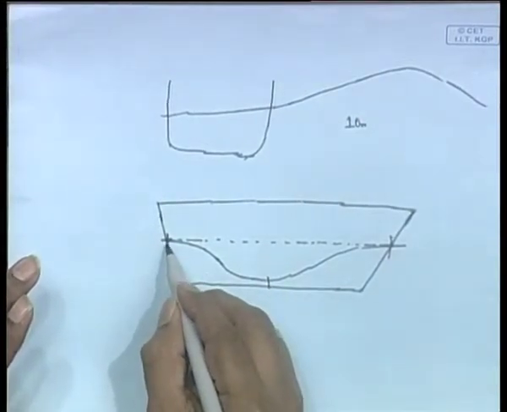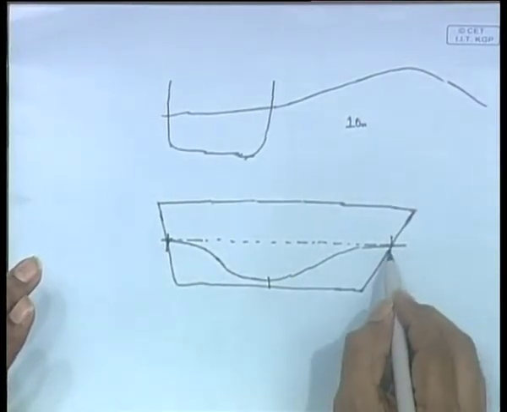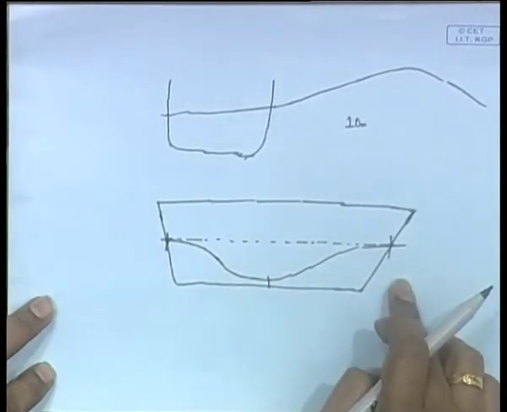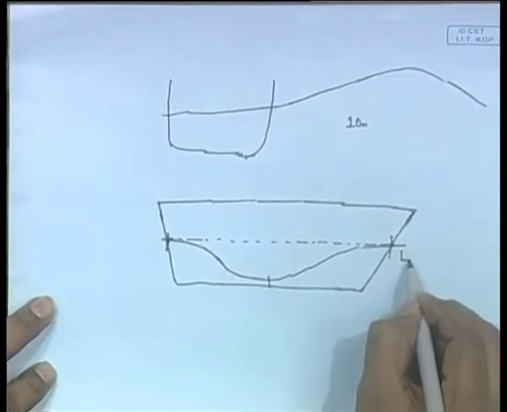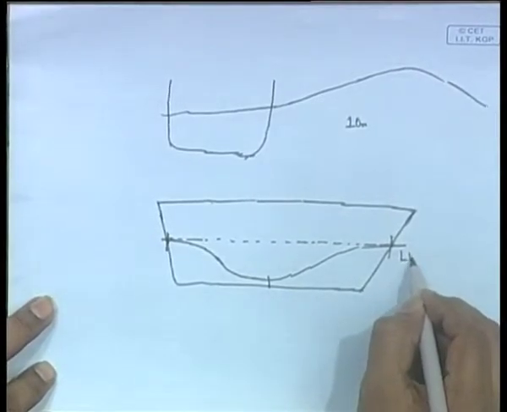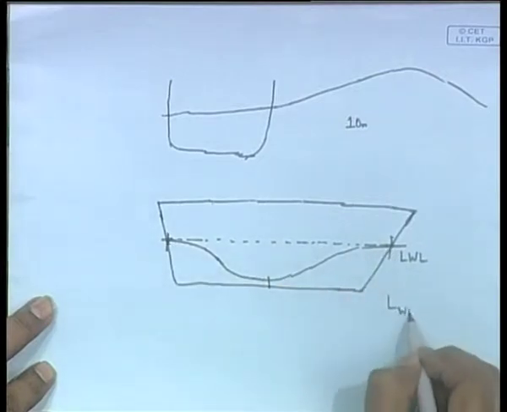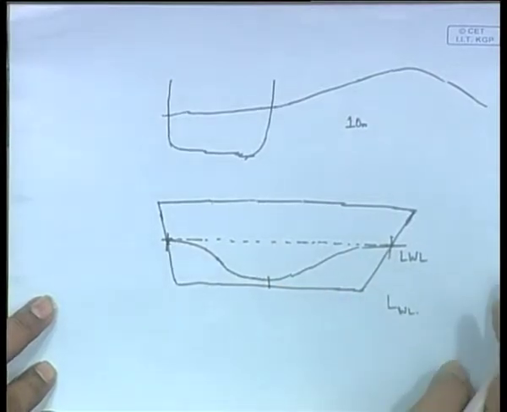So, this is one crest, this is another crest, two crests occurring at the two ends of the ship at the load water line. This is known as the length of load water line, or LWL.